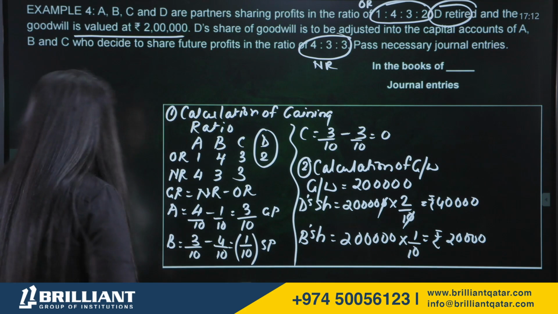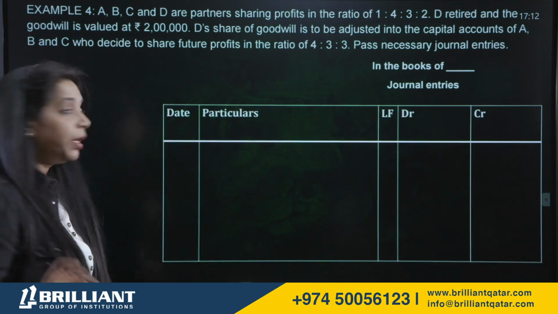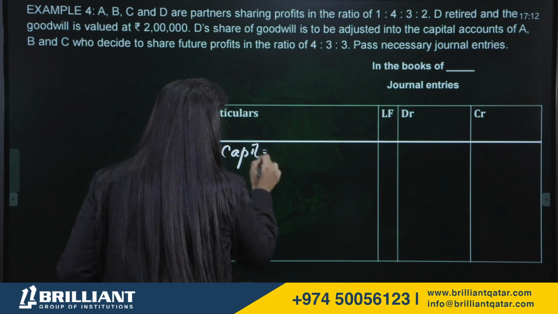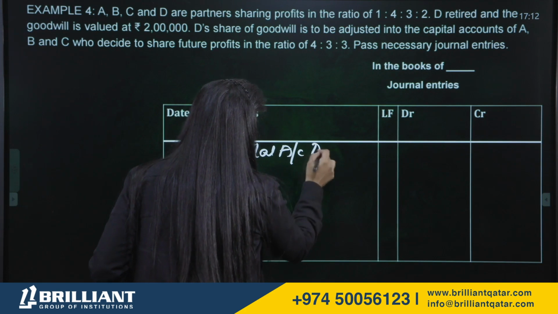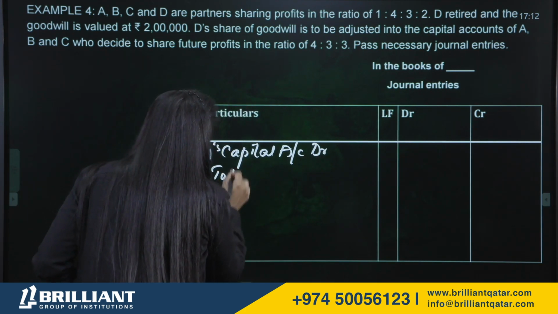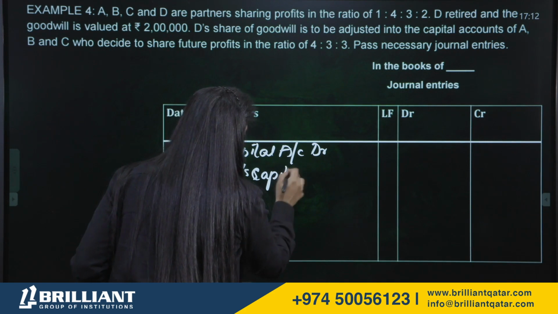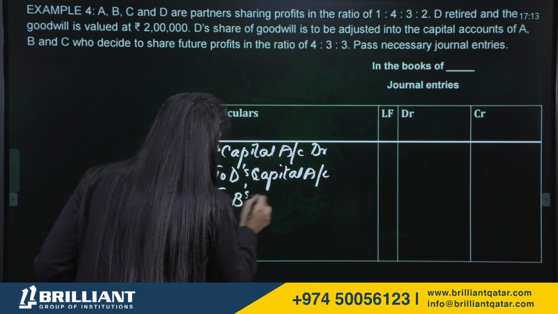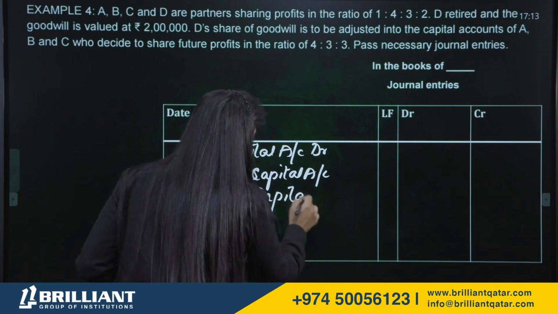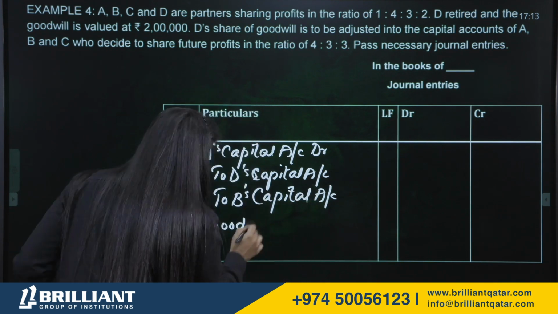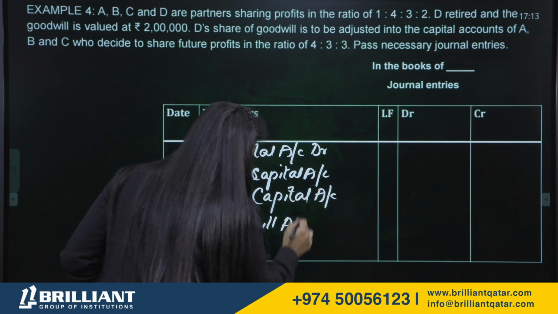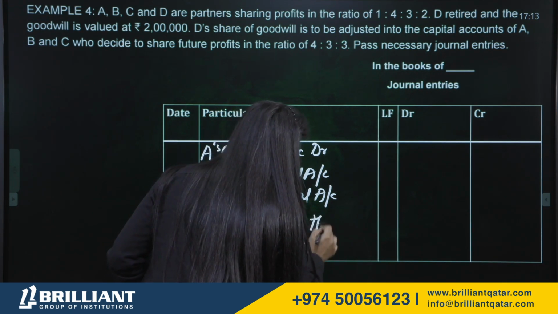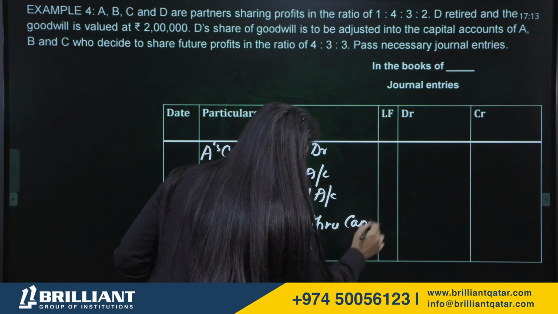So the journal entry in case of this particular question is going to be A's capital account debit to D's capital account, to B's capital account, goodwill adjusted through capital account.